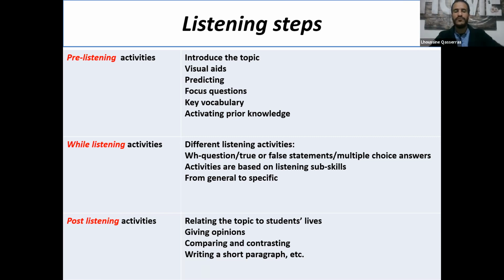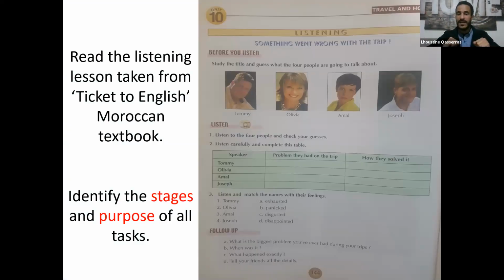Great. Now let's move on to the next activity, the while listening. Okay, while listening. So look here. Now I want you to listen carefully and do exercise number 2.